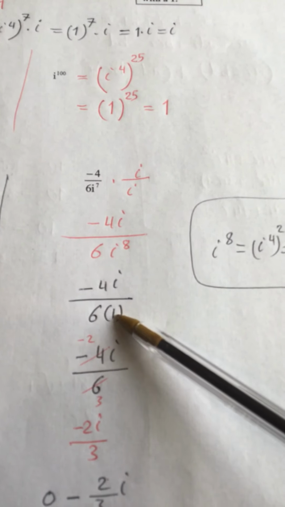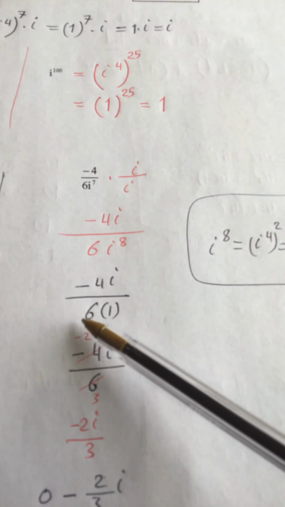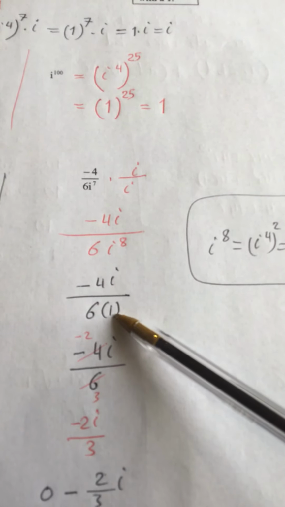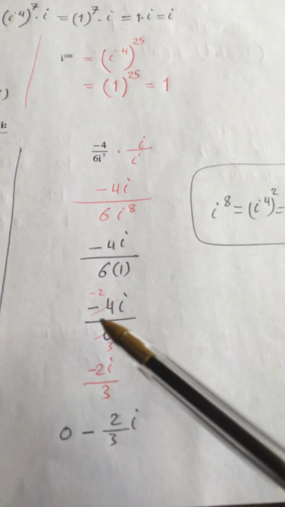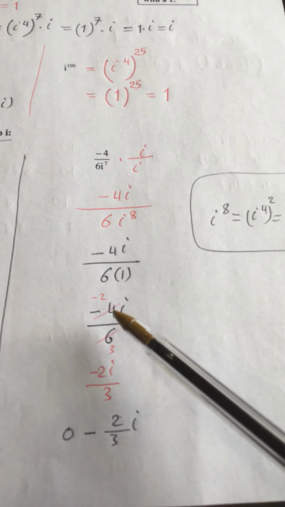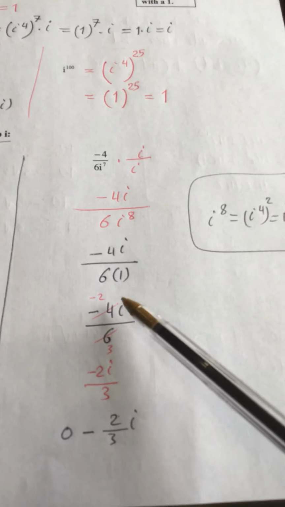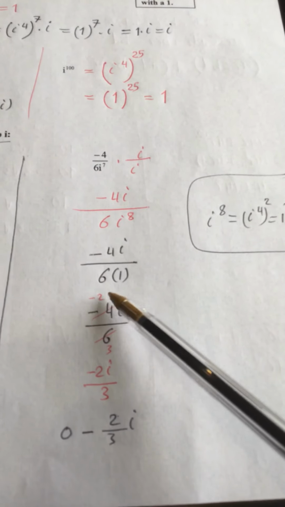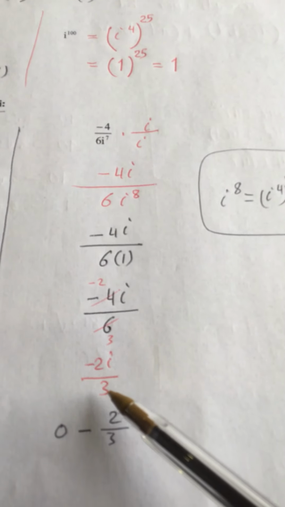So we get minus 4i divided by 6 times 1. So we get minus 4i over 6. So here divide out by 2. 6 divided by 2 is 3. Negative 4 divided by 2 is negative 2. So the answer is minus 2i over 3.